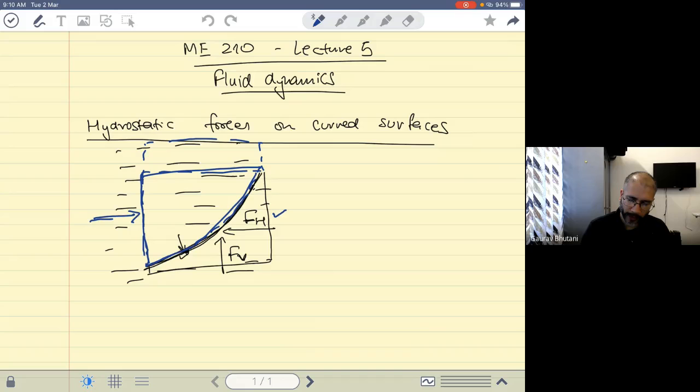And on the left hand side, we know what the force is. This force can be found easily because you can easily find the pressure distribution, and you can multiply the pressure at the center of gravity times the area, and that gives you the force acting on the left hand side. So FH has to be equal to that force. This is also FH, and this left hand side force you can easily find.